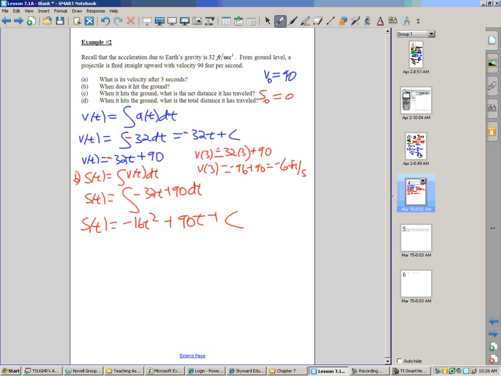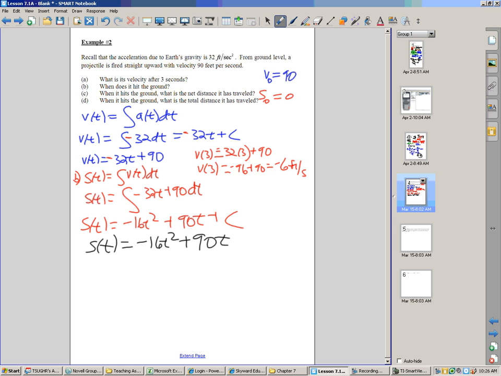We know that the position at time 0 is 0, so the arbitrary constant is what? 0. So here's the position function. Okay, negative 16t squared plus 90t.